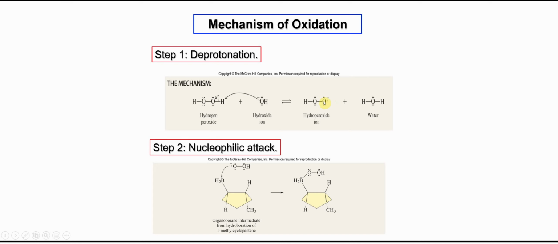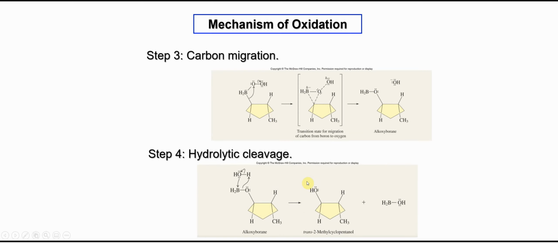This negatively charged ion is going to be attracted by the boron of the organoborane. From the previous step, you formed BH2. This BH2 starts bonding with your oxygen, so you form this intermediate. This intermediate is going to be subjected to the carbon migration.